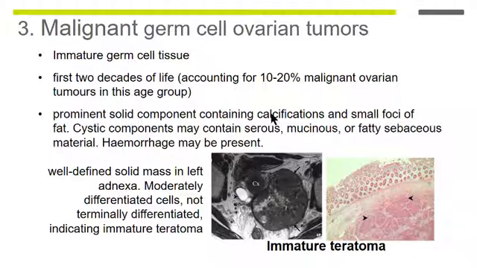And then the malignant germ cell tumors are really tumors of young people, often even in a pediatric population. They're immature, and you can see here they've got multiple elements within them, often calcification, mucinous elements, fat, sebaceous material, and so you can see them as heterogeneous masses in the adnexa.